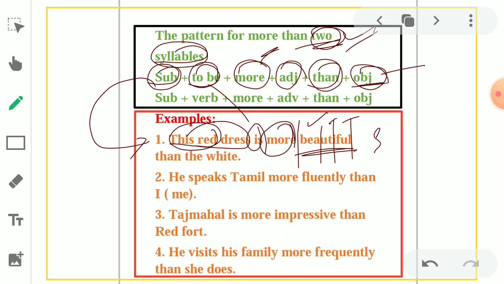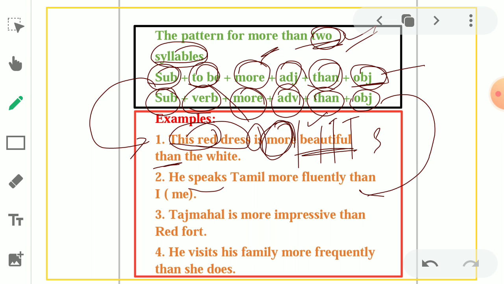That's why we have to use more before the word beautiful. Then after that we have to use than because of the comparative degree.